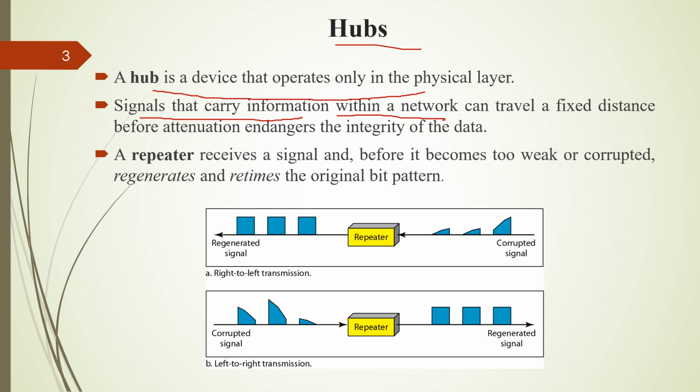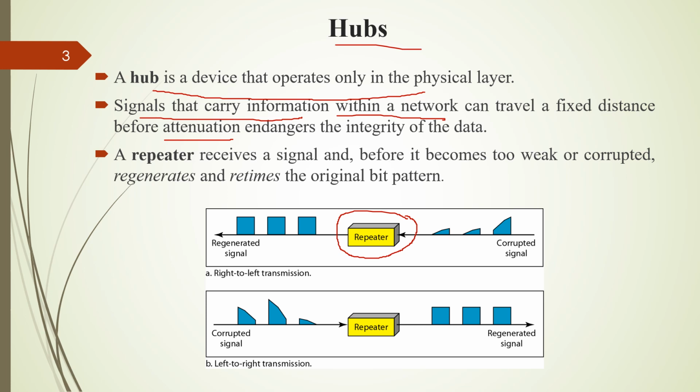For example, in the transmission medium or a channel, the signal gets corrupted easily because noise gets added in the channel. So what happens here is, before the signal is attenuated or becomes corrupted, the signal is given as an input to the repeater.